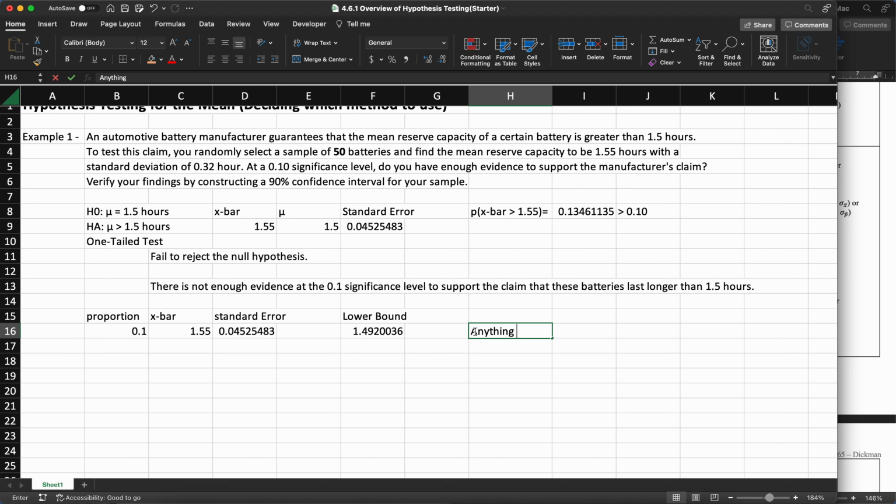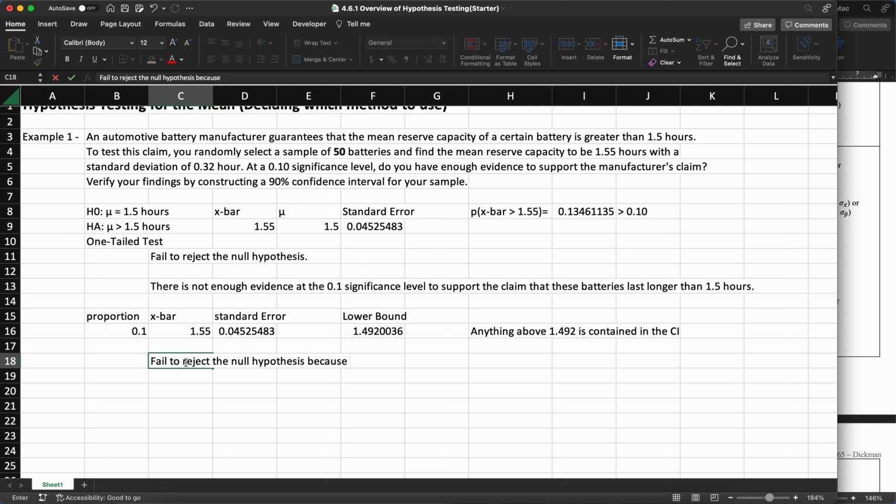So anything above 1.492 is contained in the confidence interval. And since 1.5 is one such number that is above 1.492, then we would also fail to reject the null hypothesis because mu is in our confidence interval. So that just confirms the fact that I should fail to reject the null hypothesis.